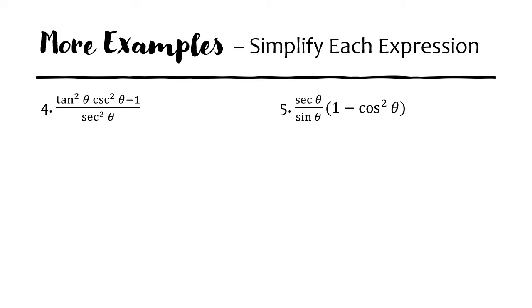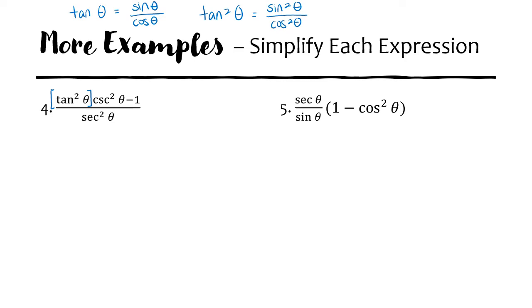So I'm going to take my tangent squared of theta, and just remind myself that we have our quotient identity saying tangent is equal to sine over cosine. We can add in squareds there. Tangent squared, I think we talked about this in the last video as well, is also going to be equal to sine squared over cosine squared. So I'm going to be rewriting tangent squared as sine squared over cosine squared.